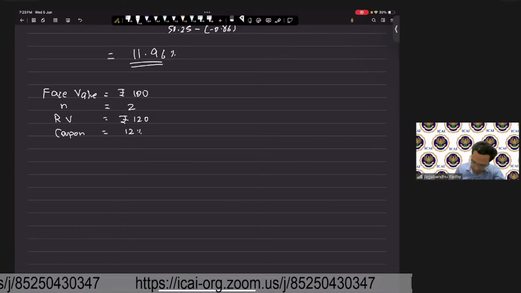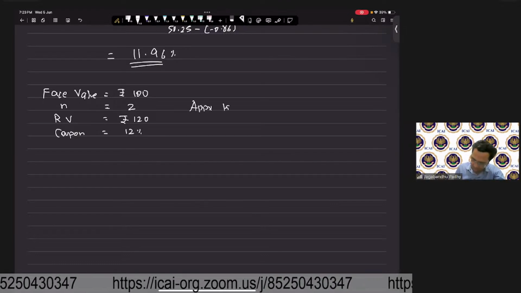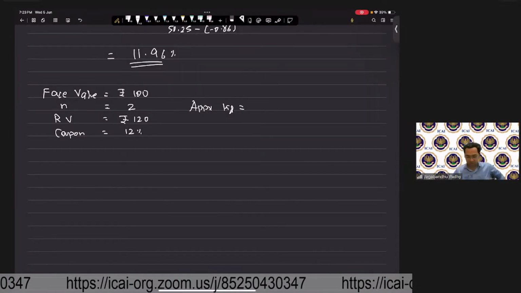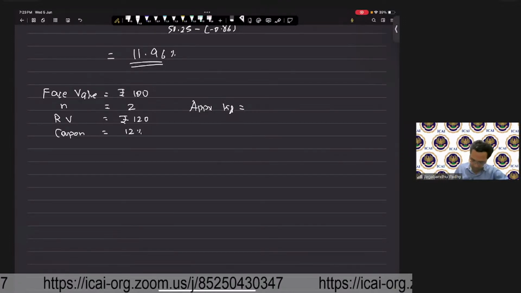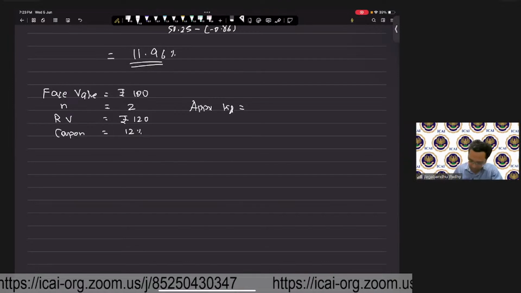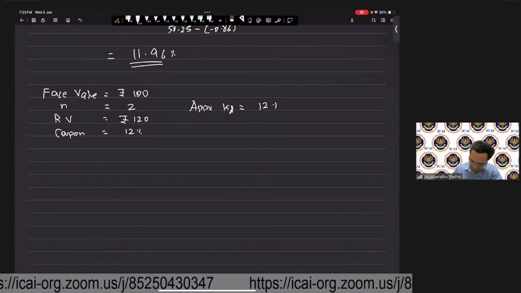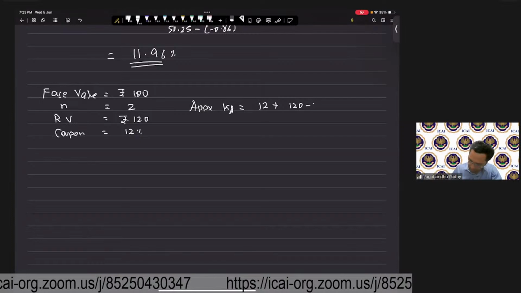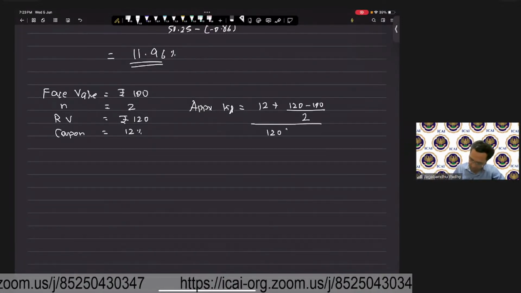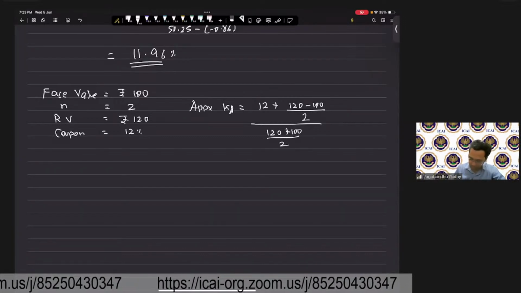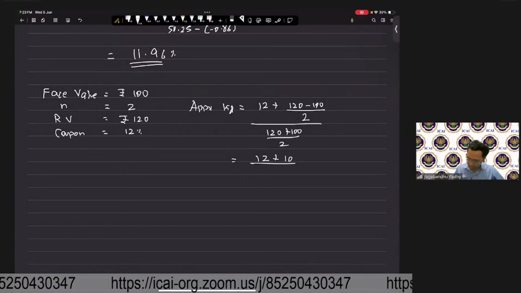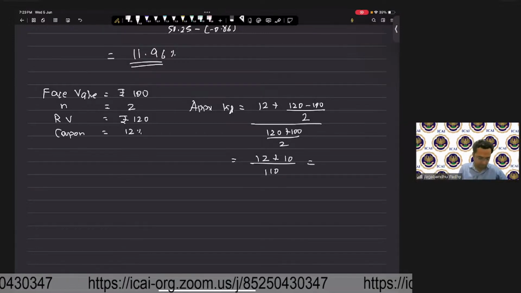Now if I ask you what is the approximate cost of debt, use the same formula, which is interest into 1 minus t, but we are ignoring tax for the time being. So that's going to be 12 as the interest plus redemption value of 120 minus 100 divided by 2, the whole thing upon 120 plus 100 by 2. This is 12 plus 10 divided by 110.